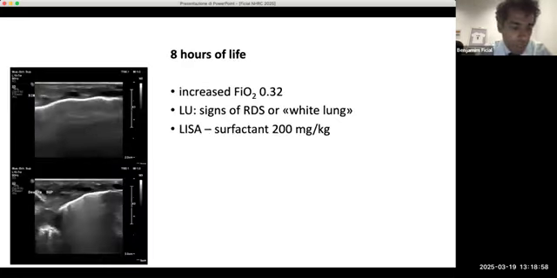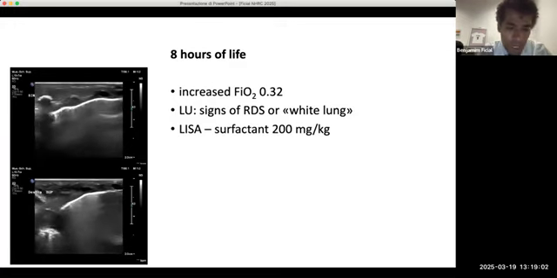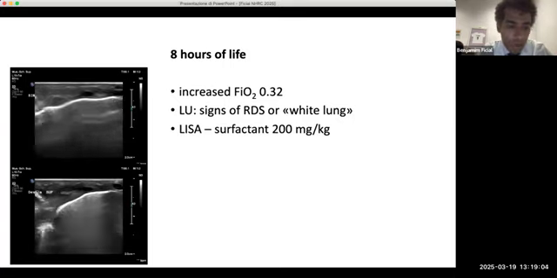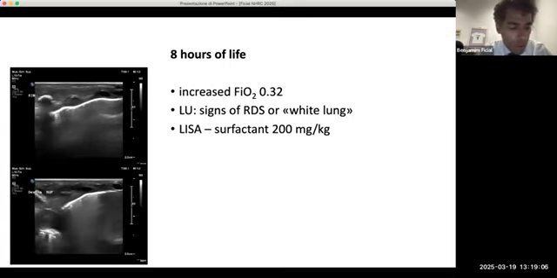In the first hours of life, she had increased oxygen requirements. A lung ultrasound was performed, as you can see, showing a white lung pattern, which is compatible with a severe form of RDS. So she was administered surfactant and was transitioned back to CPAP in room air.